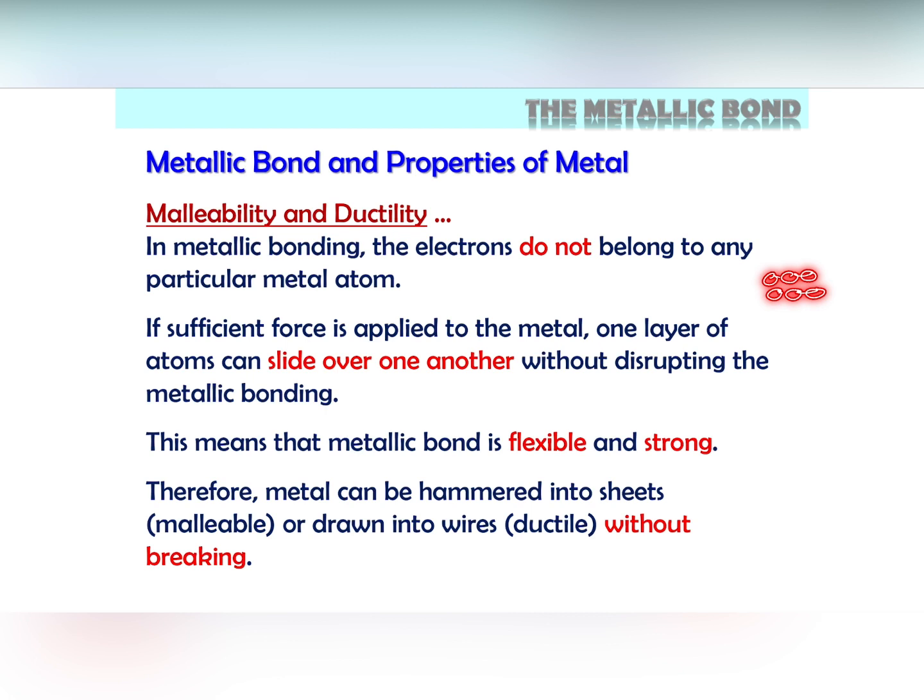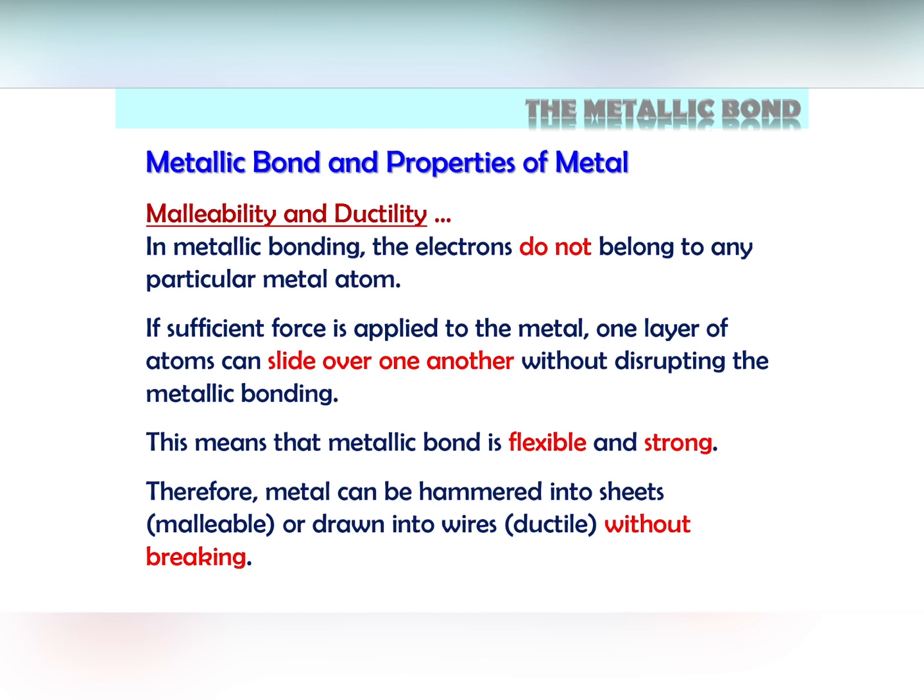So bila kita bagi force dekat metal, dia akan slide through and dia akan jadi one layer, tanpa memutuskan, without breaking it. So this means that metallic bond is flexible and also strong. Sebab tu kita boleh shape dia, kita boleh jadikan dia wire and so on.